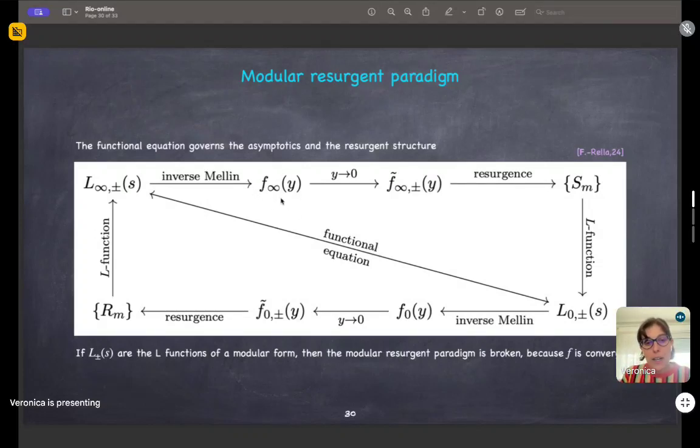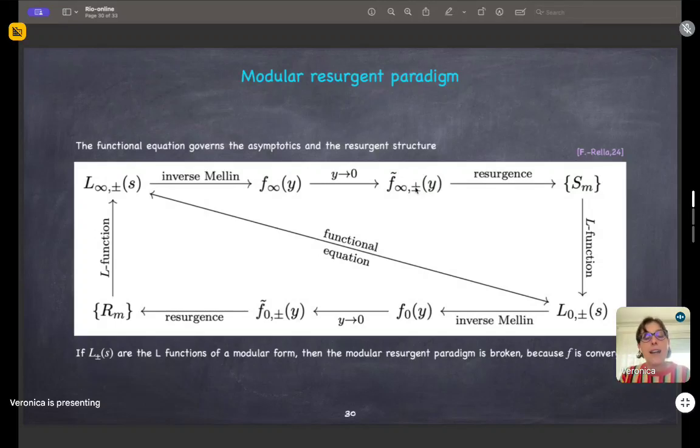So in particular, the diagram goes this way when f infinity or f0 are quantum modular forms. And the divergence is related to the divergence when you take the asymptotic. So the fact that here you find something divergent seems related to the property of the quantum modular form at the same time.